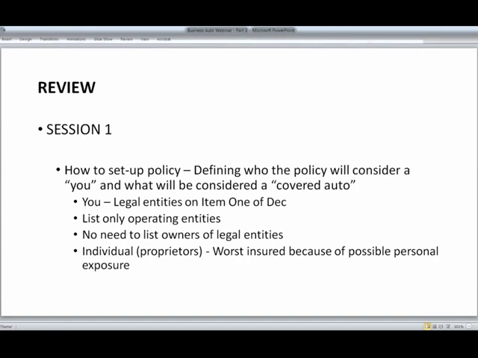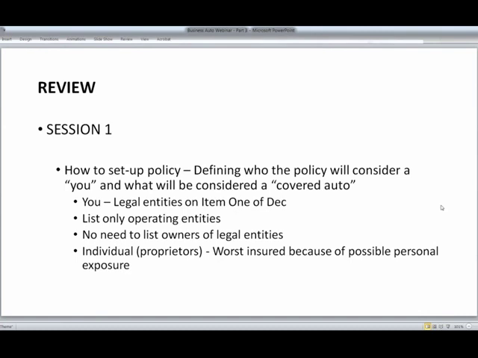Quick review, session 1. We talked about how to set the policy up, defining who the policy will consider a "you" and what will be considered a covered auto later. The "you" was the legal entities that we list on item 1 of the dec sheet. We need to list all operating entities, but only the operating entities. There's no need to list the owners of legal entities.